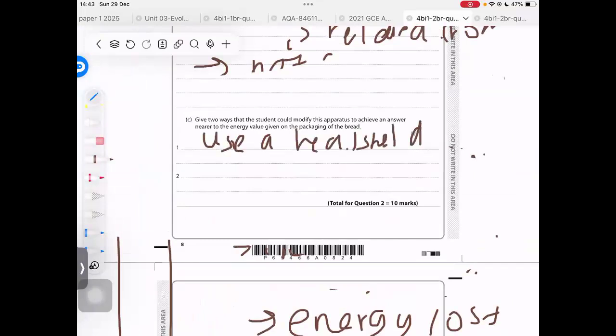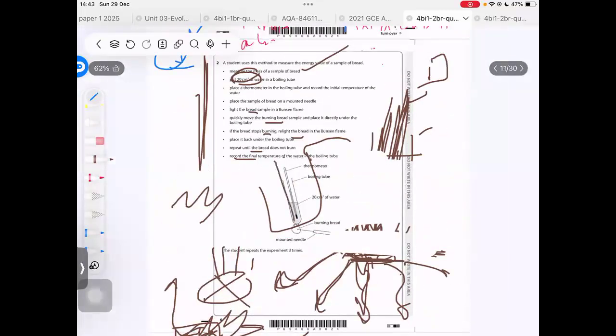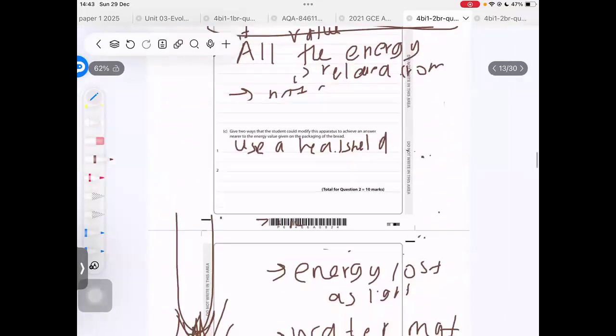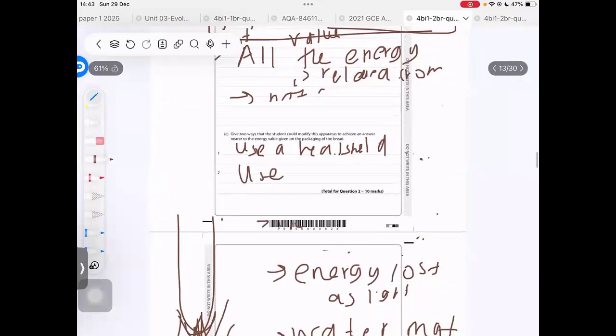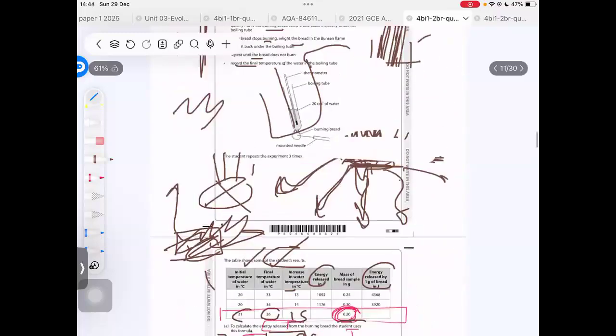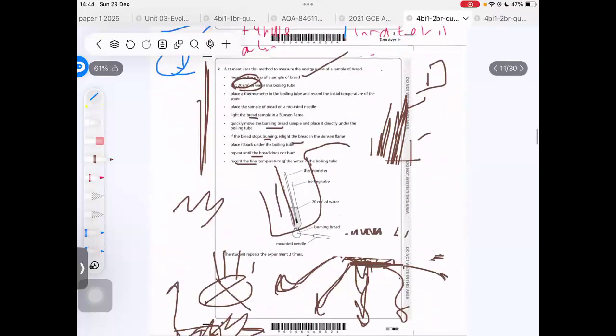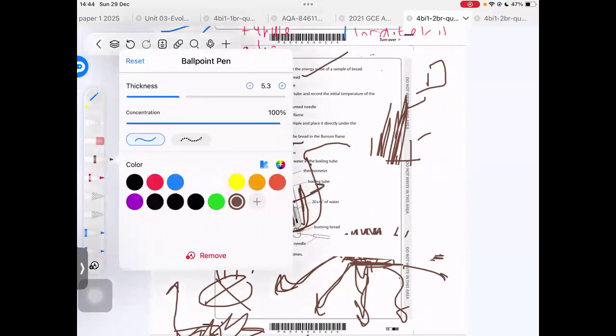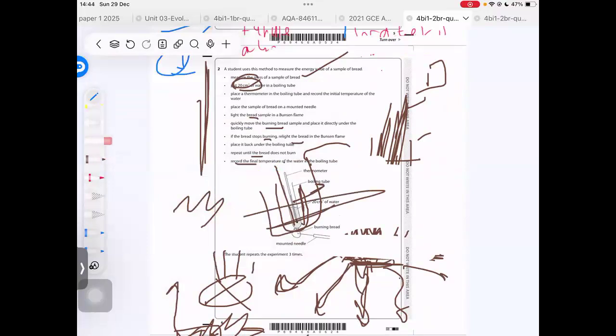And also here, to maintain constant temperature inside the water, you can use a stirrer, to maintain an accurate temperature inside the water. And also you can insulate this tube. If you insulate this tube, the heat which is radiated from this tube can be reduced.